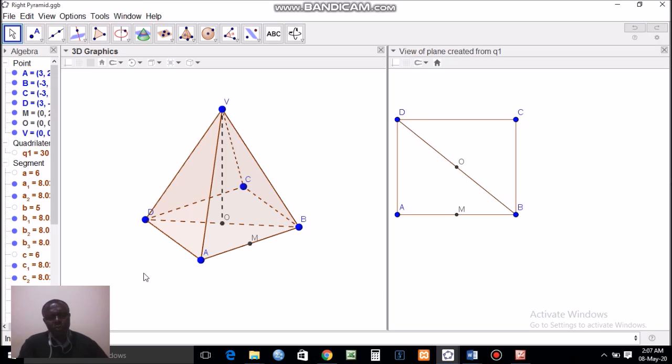The next thing is to look at that base and ask ourselves what is the exact shape of that base. That base is a rectangle. If you look at the 3D drawing, you might not see that rectangular shape, because in most cases drawings in 3D do not reflect the exact shape.